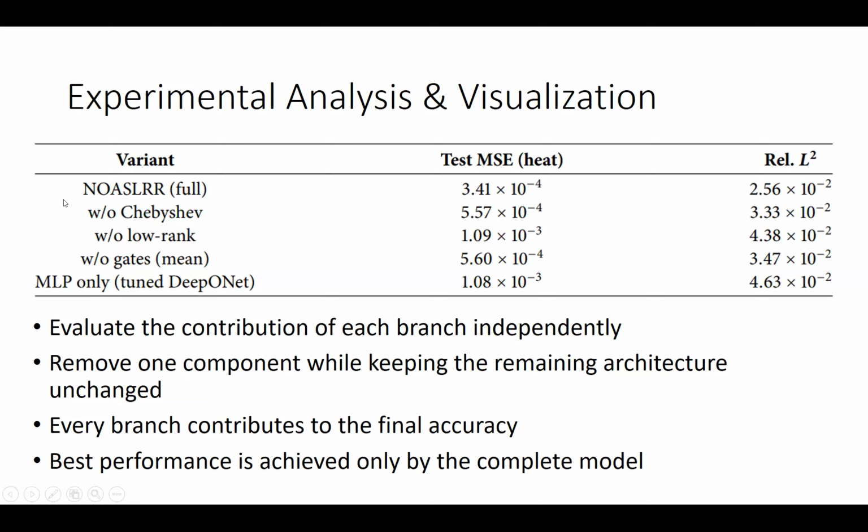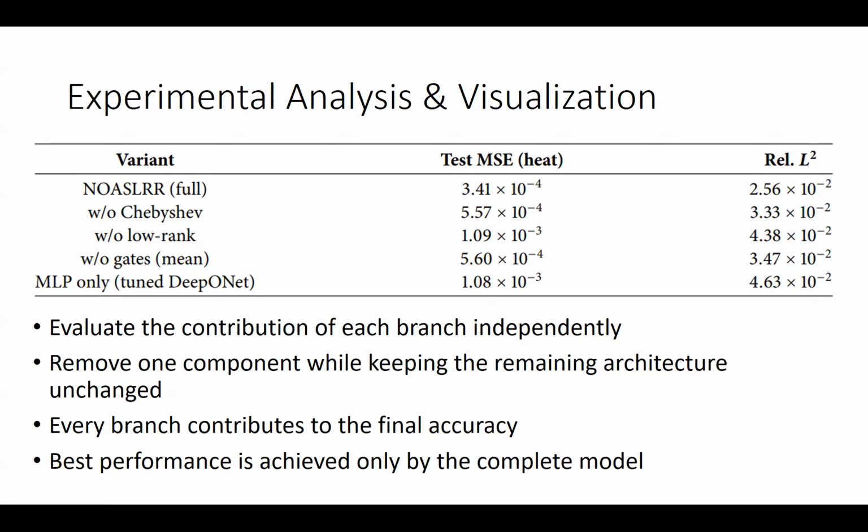First, we removed the Chebyshev branch. After that, error goes to 5.57 times 10 to minus 4. Then we removed the low rank branch. After that, error was 1.09 times 10 to minus 3. And the third one, we removed adapter gates and just made them constant.